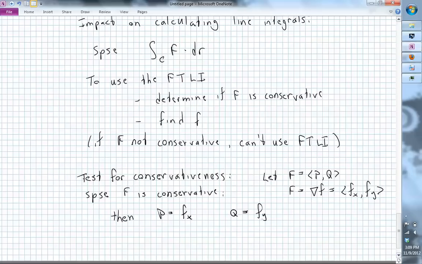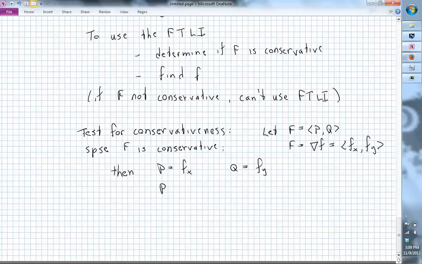And Mr. Clairaut has something to say about this. What does he have to say about this? Py is equal to Qx.